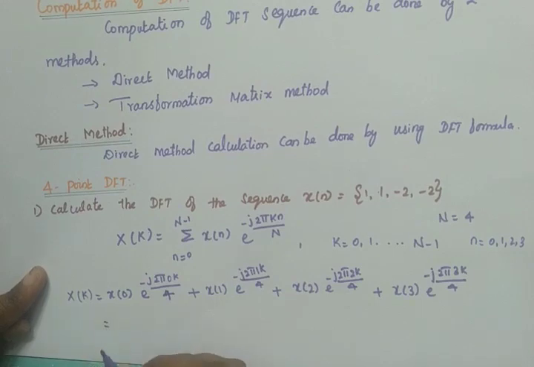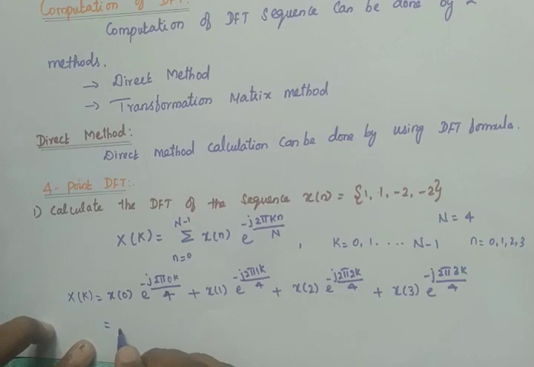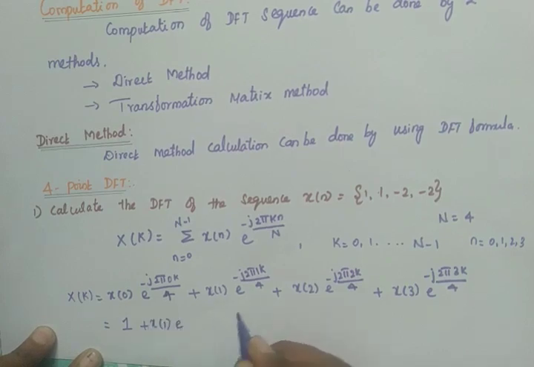which is equal to, now we can simplify this, that is x of 0 into e power 0. We know that e power 0 is equal to 1. Therefore, we can write this as 1 plus x of 1 into e power, what is this?